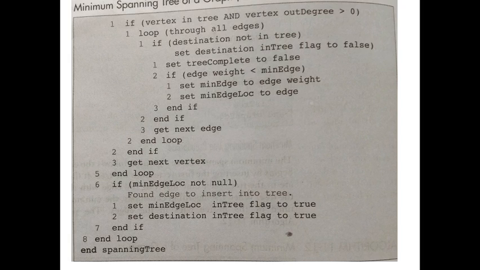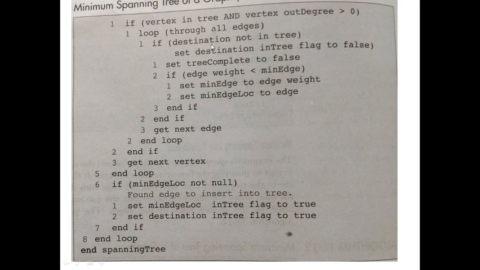So if the destination is not in the tree, then you set the in-tree flag to false, and then you compare whether its weight is less than the minimum edge. You have to keep updating the minimum edge value according to the new minimum. If the new edge weight is lower than the minimum edge, then you update it. That is done in the next two steps: you change the minimum edge to the weight of the new edge, and also you change the edge to the new edge.